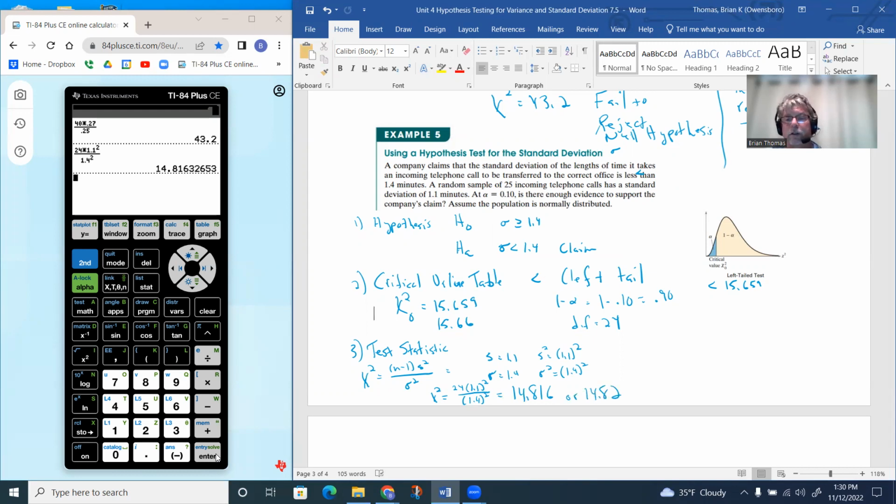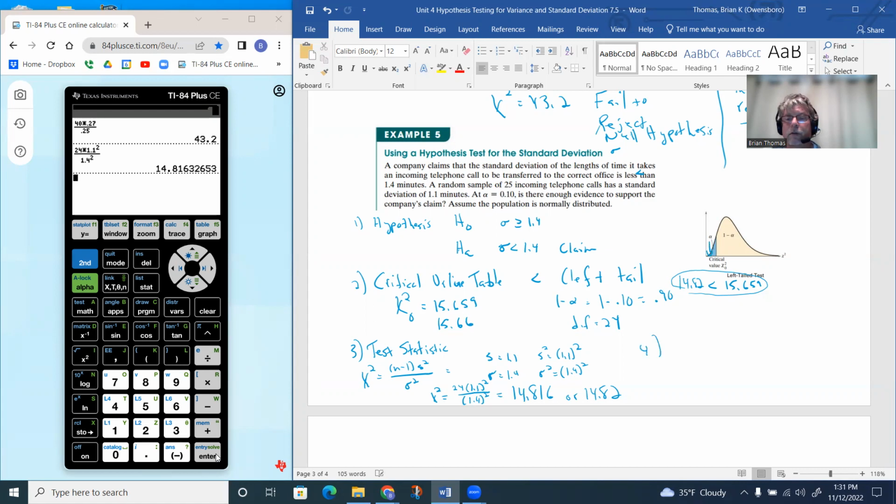So the next thing is to compare that to the critical value, 15.69. So if I put that in there, is 14.82 less than 16.859? Yeah, so that means it is in the critical region. That would actually fall over here somewhere.